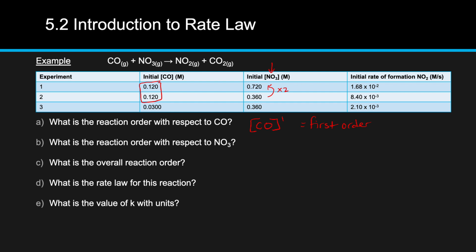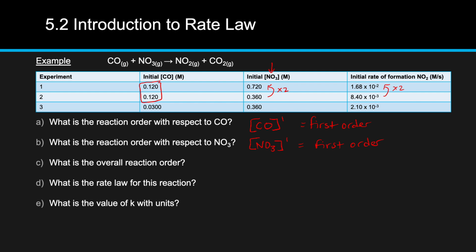And our rate is also going to be increasing by 2. So that means since our concentration and our rate are increasing at the same rate, that is also going to be first order. So it's going to be our concentration of NO3 raised to the first power, which is going to tell us that it is first order.